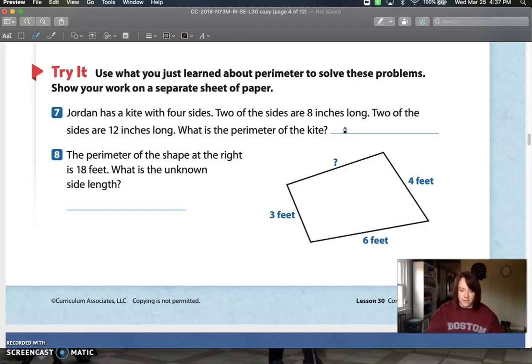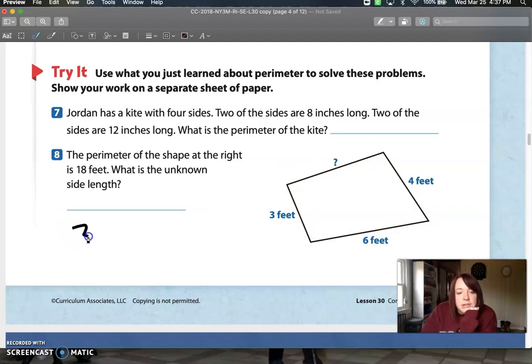Now, number 8 has to do with the picture to the right. The perimeter of the shape at the right is 18 feet. What is the unknown side length? So we're going to do this. I'm going to draw on here so you can see it because the shape is already here. So we only need the perimeter, which is the outside.